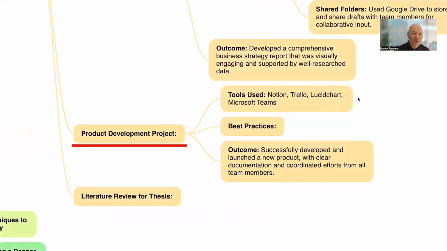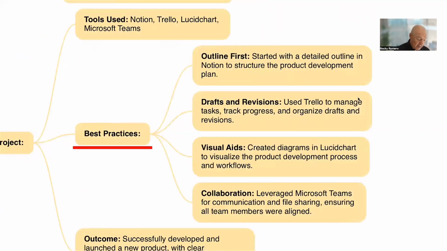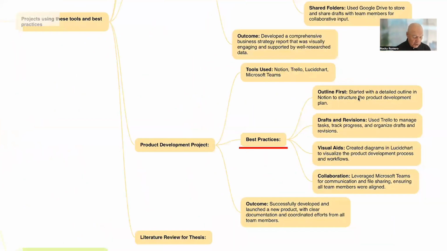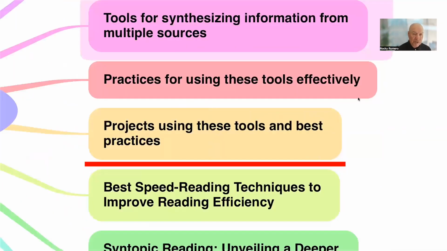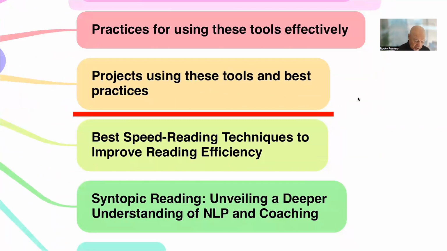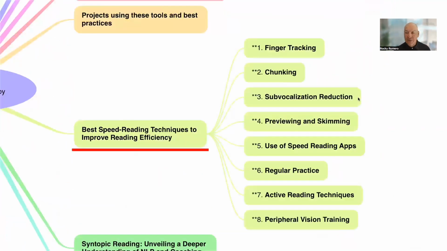And of course, Notion, Trello are very good for that. But best practices, outline first, which helps me with a mind map, drafts, visual aids, collaboration. I'm finding that I'm learning more and more tools that are coming on the market that are using artificial intelligence skills with that. Best reading techniques to improve reading efficiency.